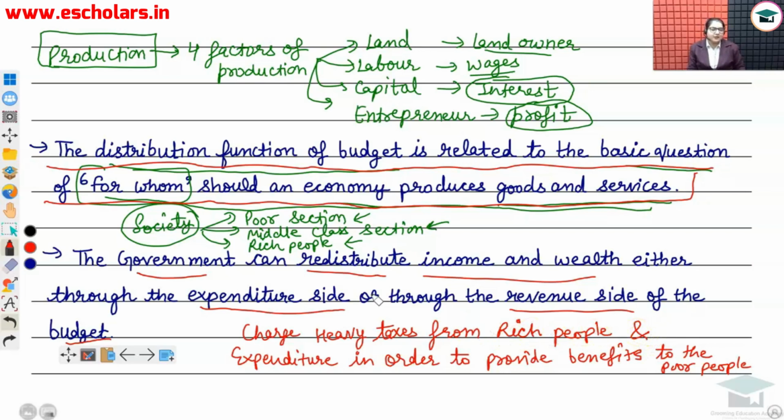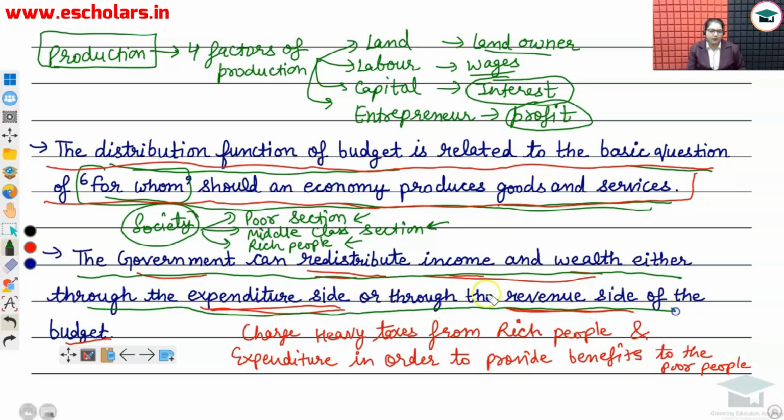For example, the proceeds of taxes from the rich people can be used for providing basic health facilities, basic educational facilities, and for implementing the PDS system, that is public distribution system, where the food grains are provided to the BPL families at very low prices. So the government can redistribute income and wealth either through the expenditure side or through the revenue side of the budget.